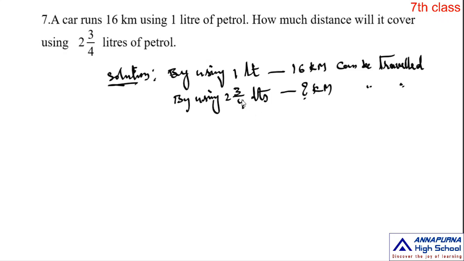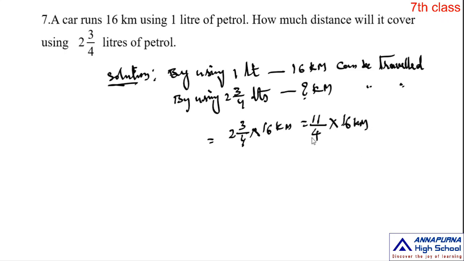Whenever you imagine more than, it means the bigger number times 16 kilometers, or we can write this as 2 3/4 × 16 kilometers, which is equal to, convert into improper: 4 twos are 8, plus 3 is 11, so 11/4 × 16 kilometers.